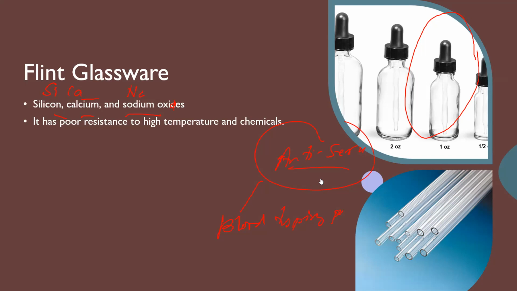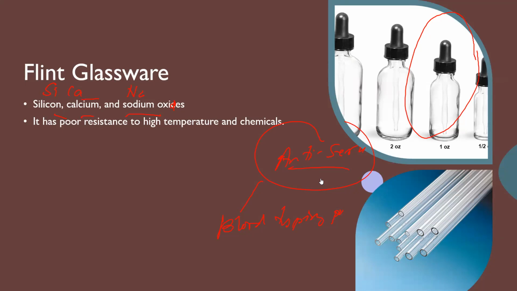Another example of Flint glassware is Flint glassware tubing. You can use this as a stirrer. You can also use this as tubing for other chemistry experiments, wherein you bore a rubber cork and then insert the tubing to eliminate the oxygen formed in a closed system that you are heating.